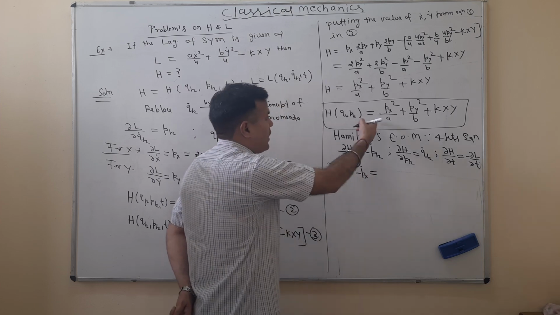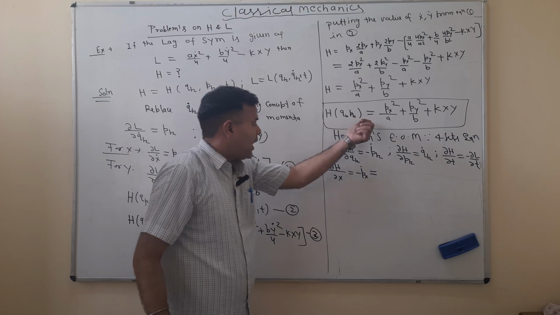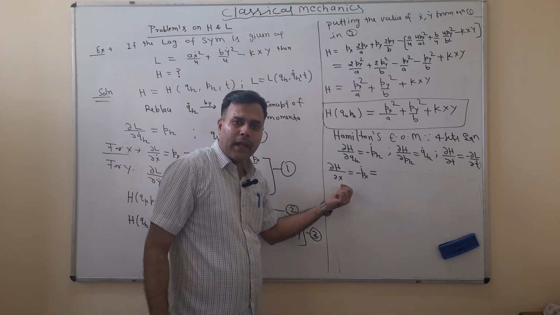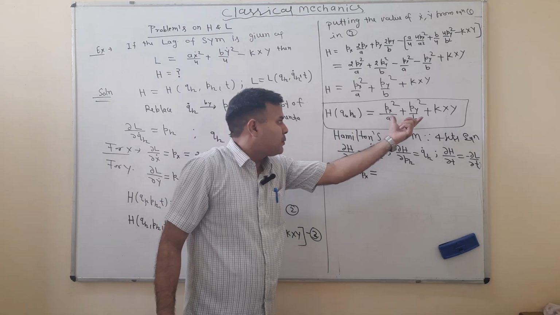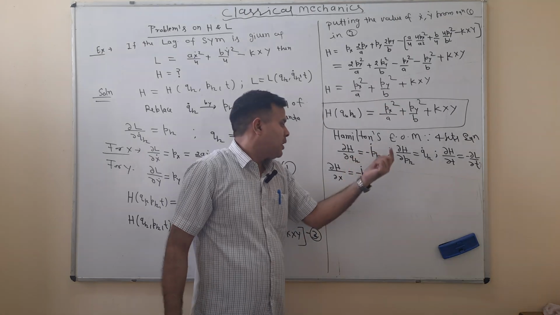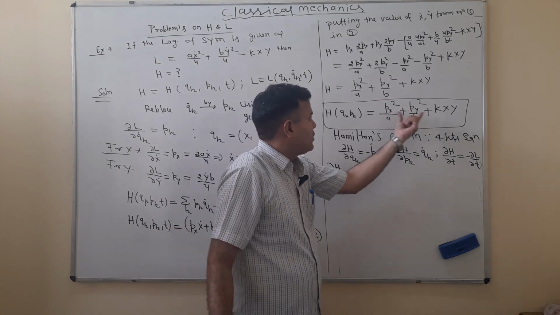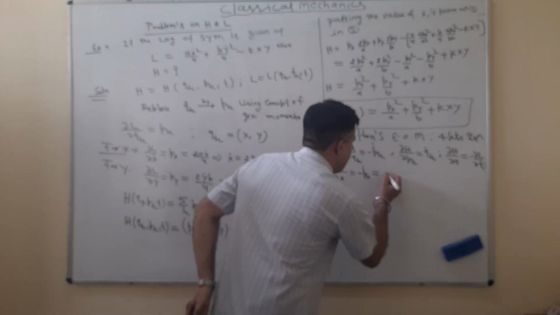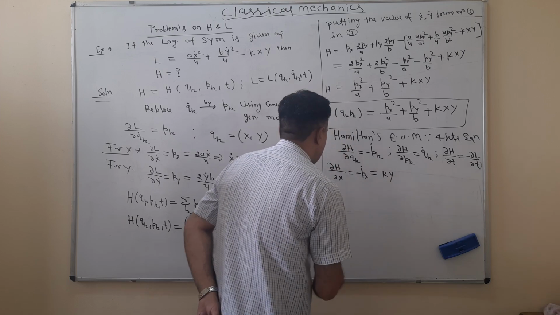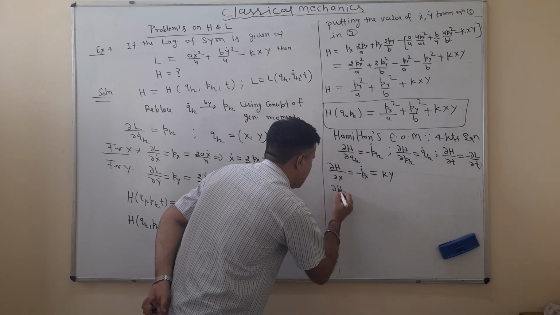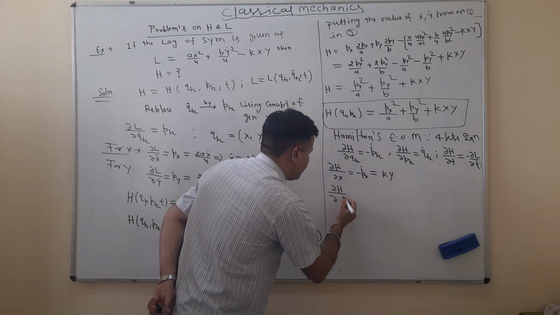And what is del H upon del x? It means differentiating H partially with respect to x and treating the rest of the variables as constants. So del H by del x is, this will be 0 and this will be Ky.